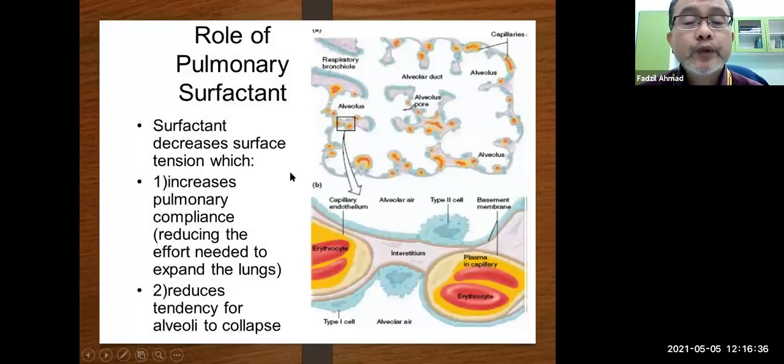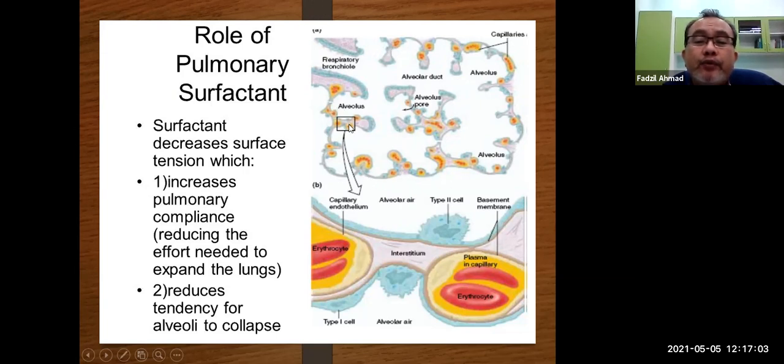How does surfactant work? Surfactant increases pulmonary compliance, reduces the effort needed to expand the lungs, and reduces the tendency for alveoli to collapse. This surfactant is produced by the type 2 alveolar cells. This is the respiratory bronchiole, this is the alveolus, and this is your type 2 cell, which produces the surfactant.